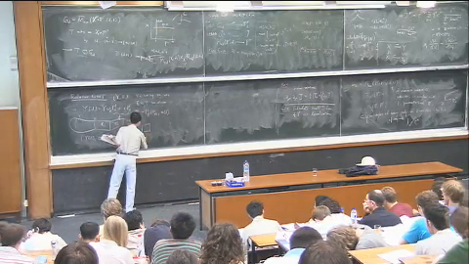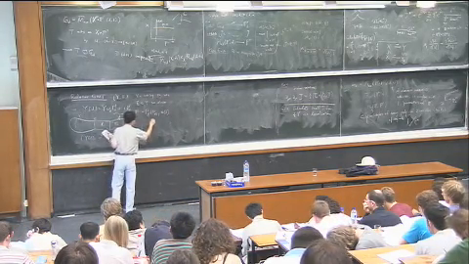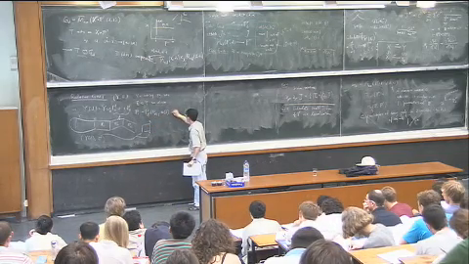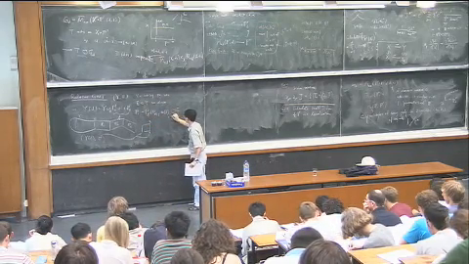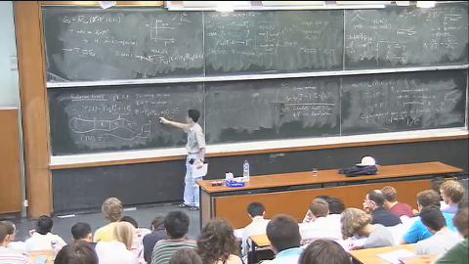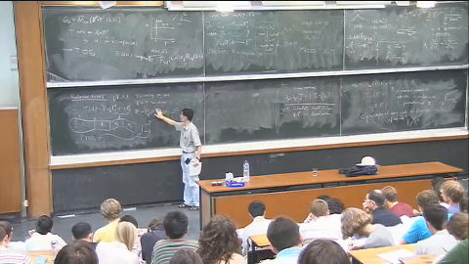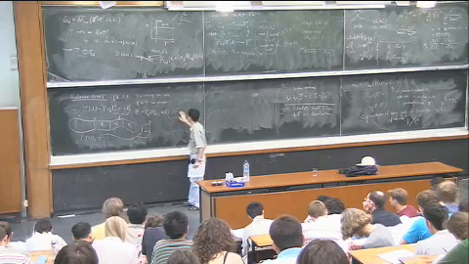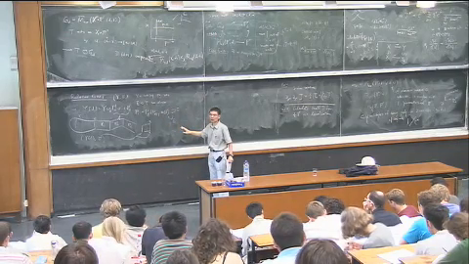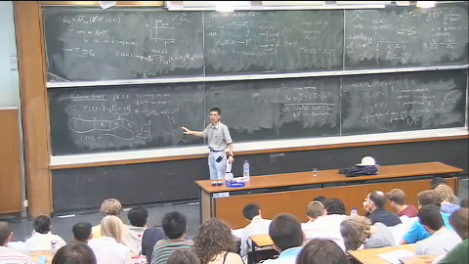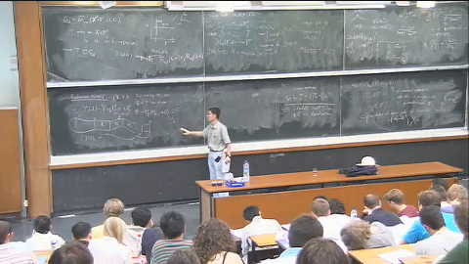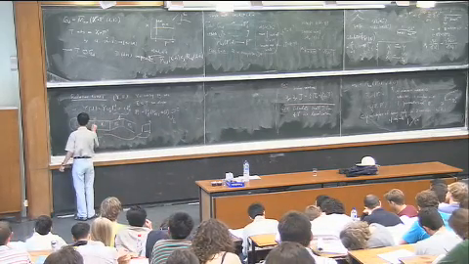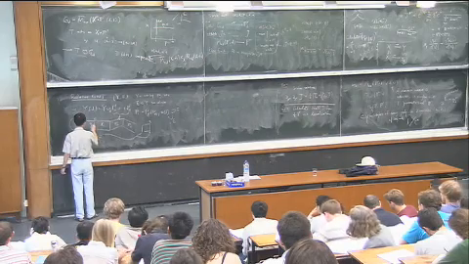This P1 has two E's embedded, the zero section and the infinity section. You have two natural E's embedded. Does that make sense?